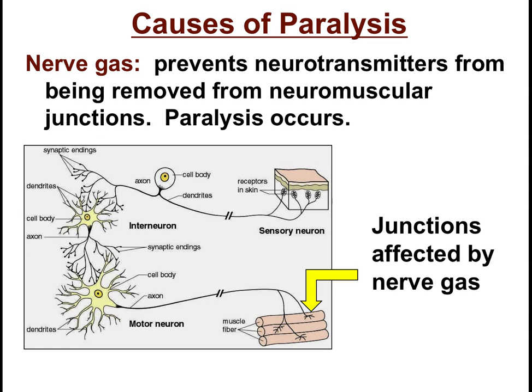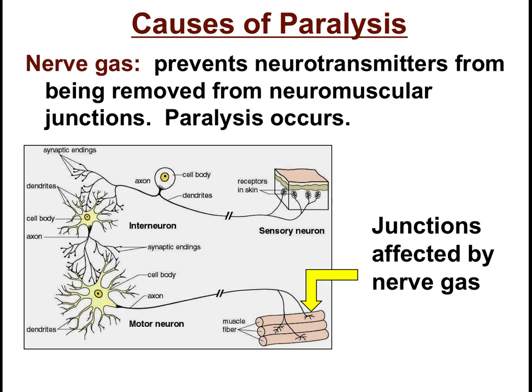Other things can cause paralysis, not just physical damage or disease. The introduction of a contaminant toxin such as nerve gas, most famous being sarin gas that you've perhaps heard about in news stories being released into subways and that type of thing. This type of nerve gas will actually prevent the neurotransmitters from being cleaned up.